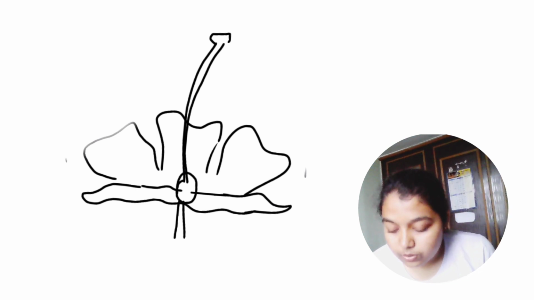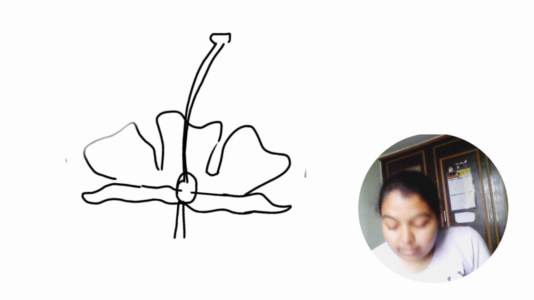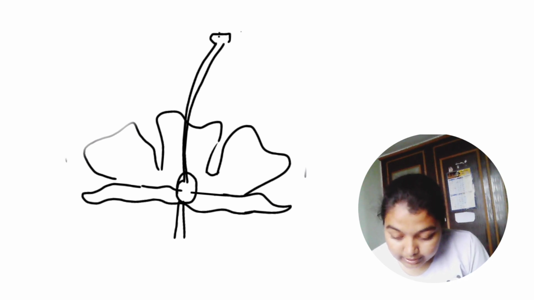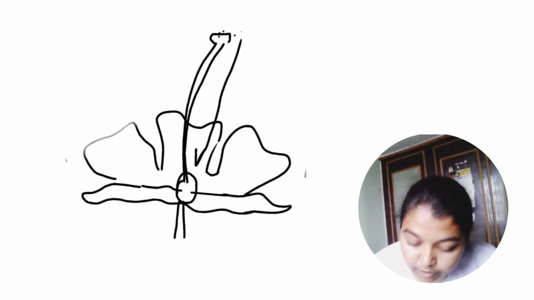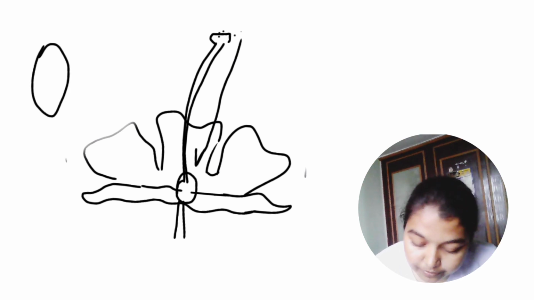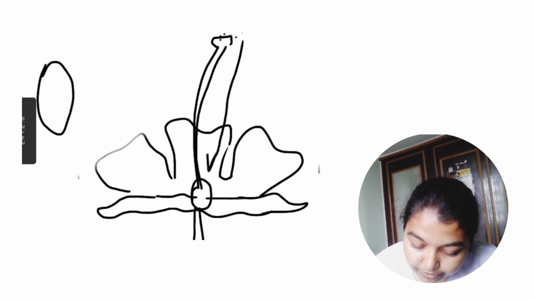Okay, so this is a flower. When the pollen sets on the anther, it comes to the ovule and there is a formation of the zygote in this part.